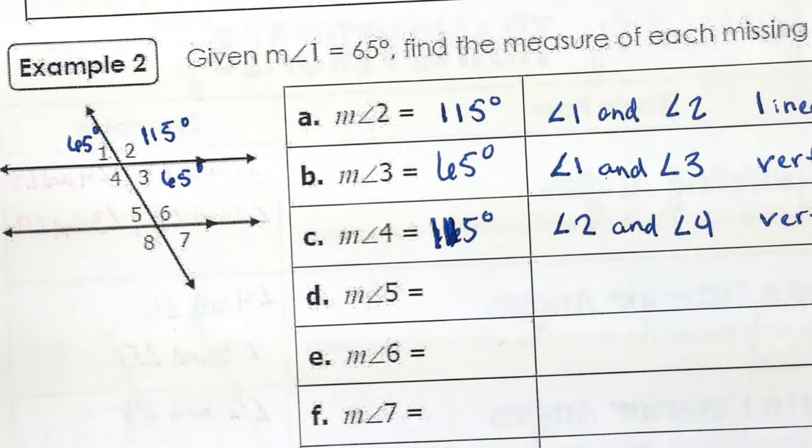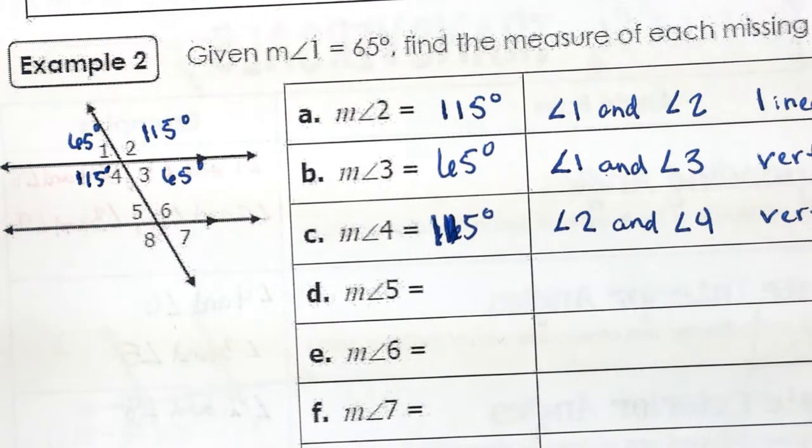That's another thing, too. I'm glad that kind of happened, because it's something I like to tell y'all all the time: on these, use common sense. Most of the time, these are drawn the way they're supposed to look. Even though somebody said 65, looking at this, angle 4 looks like an obtuse angle, so it wouldn't make sense to put anything less than 90 on that angle, right?